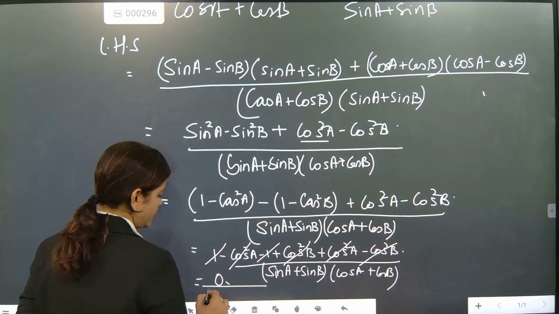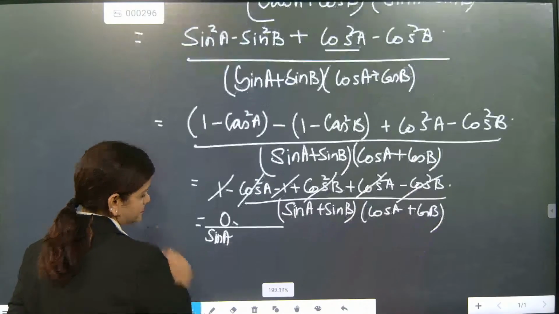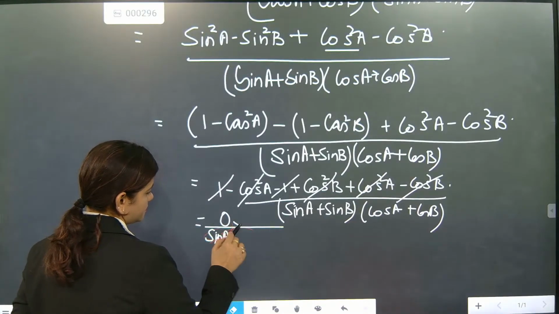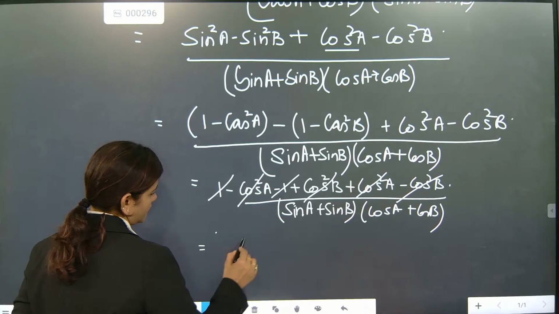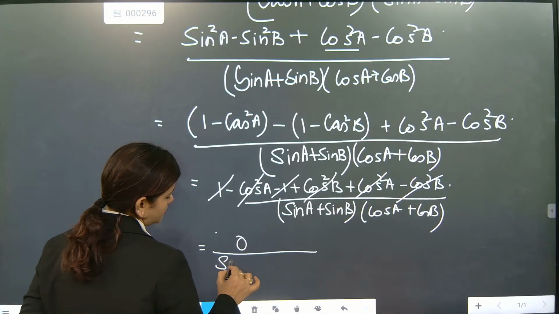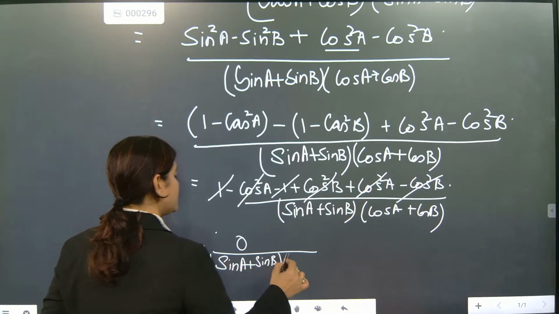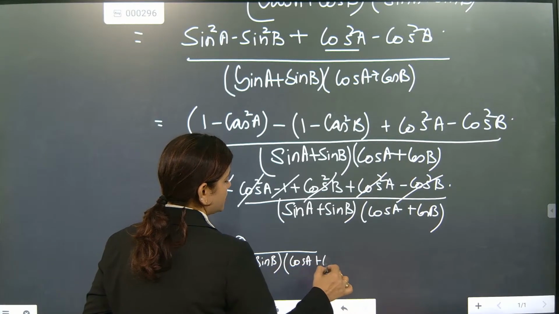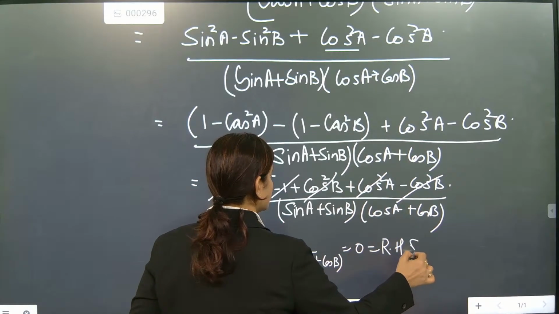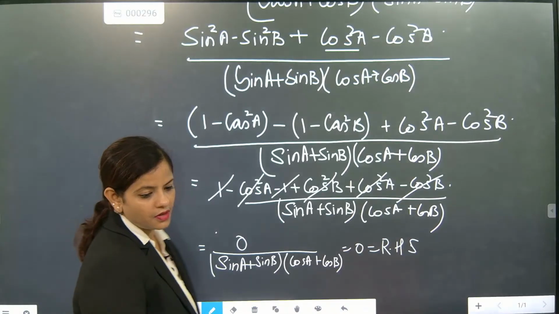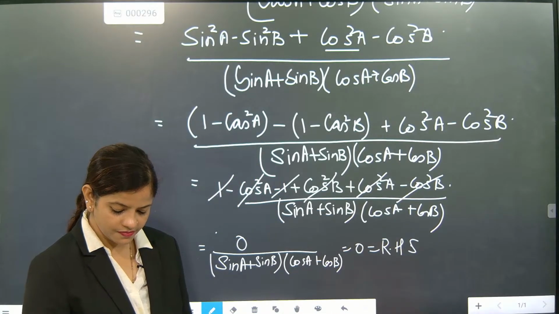So 0 by sin A plus sin B, directly 0 will become, and that is equal to 0, which is equal to RHS. Only one part finally converted and solved.